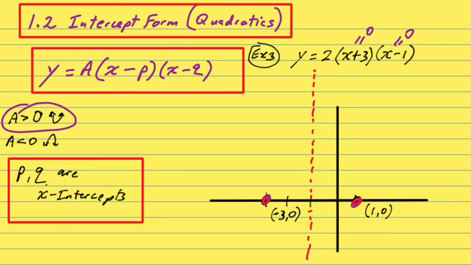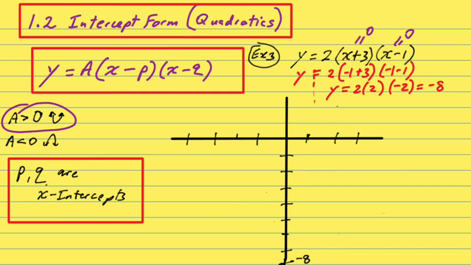What would you get if you put a negative 1 in? What is negative 1 plus 3 and negative 1 minus 1? What is that going to make y equal? That'd be 2 and negative 2. I think that'd be, what, a negative 8? Am I wrong? So I think I'm going to redo my graph. Bear with me a moment. Okay, I've redone my graph a little bit.